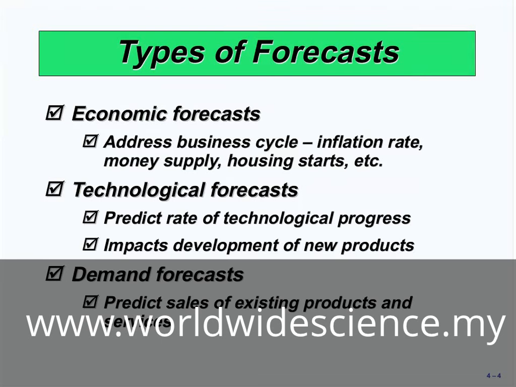And in demand forecast, they should consider the predicted state of existing products and services. So, for anything such as economy, technology, and demand, operation managers use the practice of forecasting.